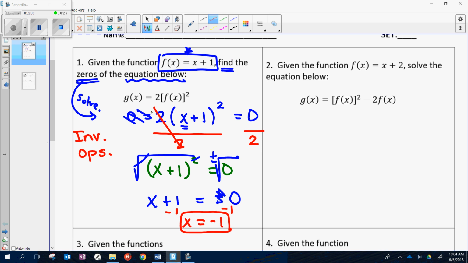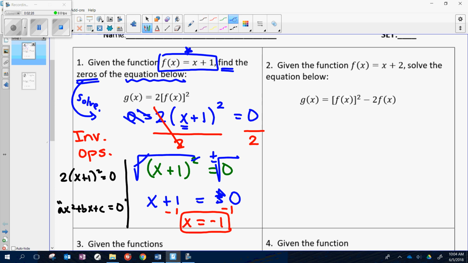Now, when you looked at this equation, 2x plus 1 squared equals 0, if you had thought to square this out and get the other form, ax squared plus bx plus c equals 0, you would have also been able to solve it by factoring, but it would have taken you longer.